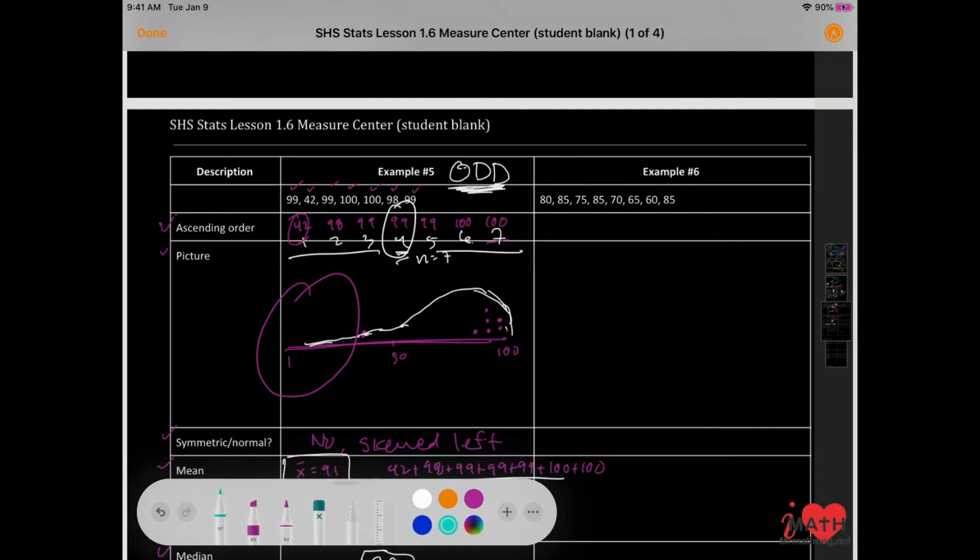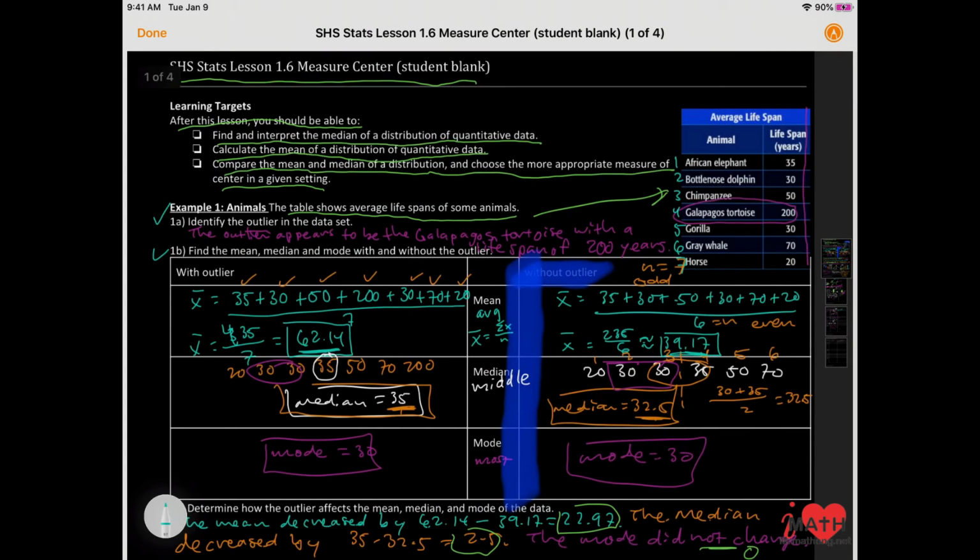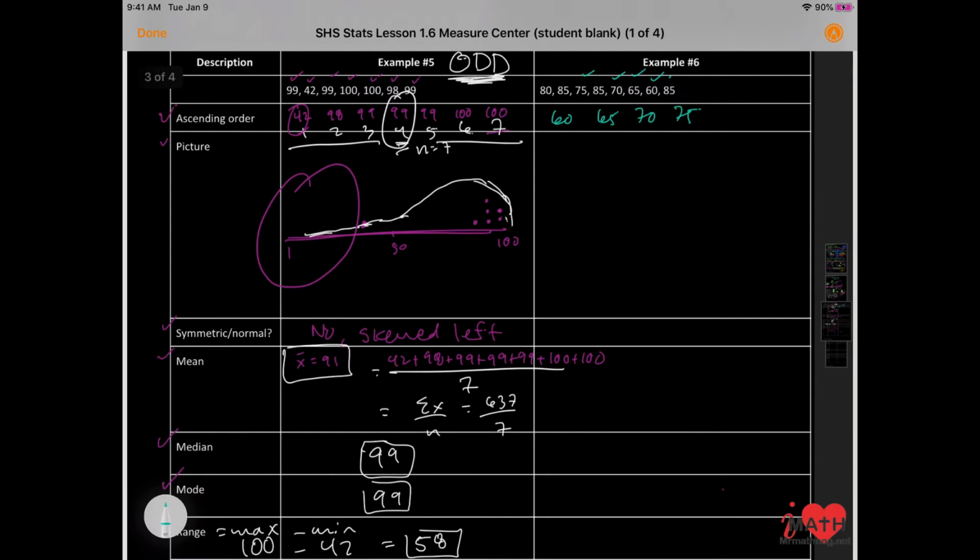Put those in order. Use your check marks. 60, 65, 70, 75, 80, 85, 85. So you have 1, 2, 3, 4, 5, 6, 7.